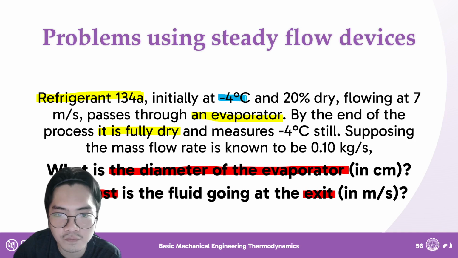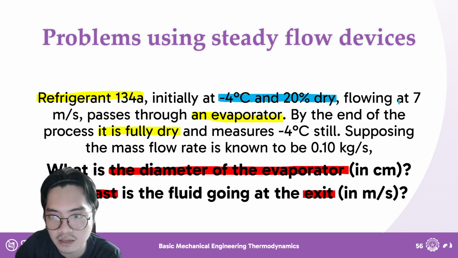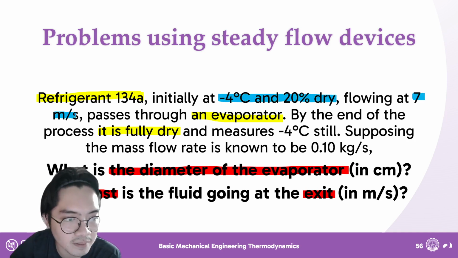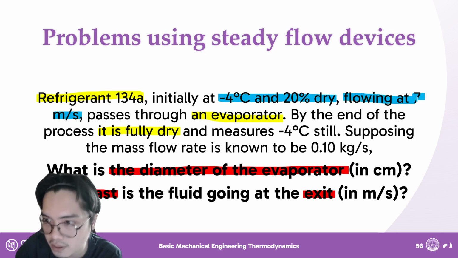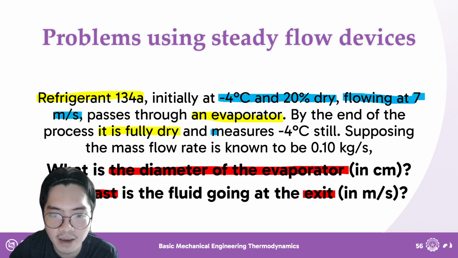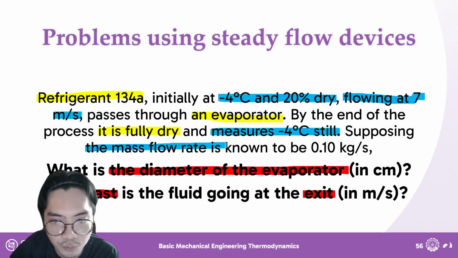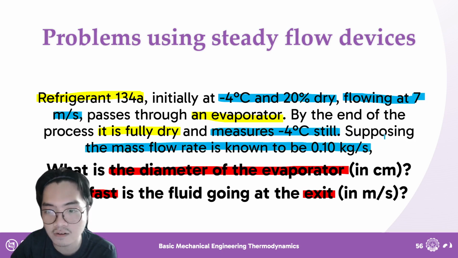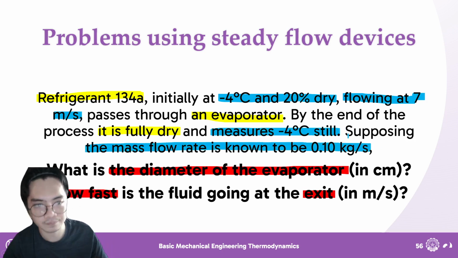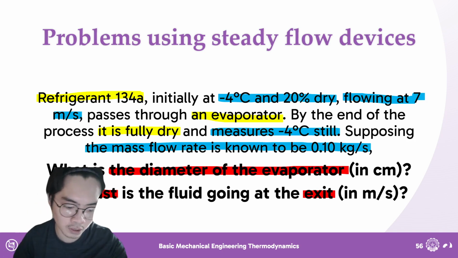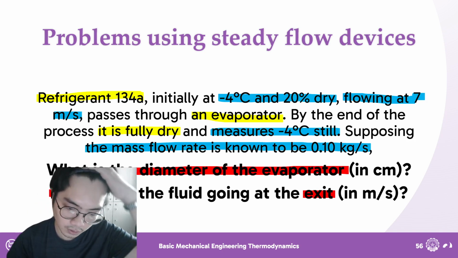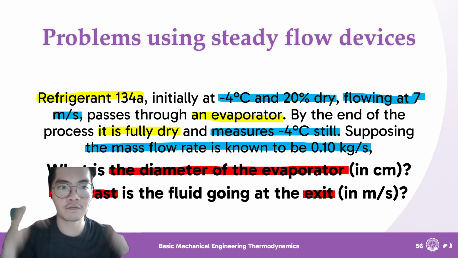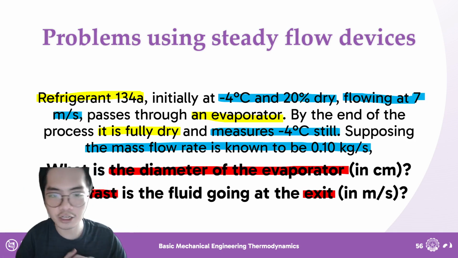-4 degrees and 20% dry, flowing at 7 meters per second. It measures -4 degrees still. Supposing the mass flow rate is known to be 0.10 kilograms per second, there you go. That is our full annotation here, right?